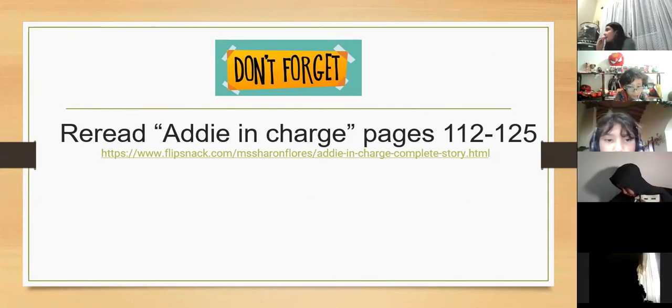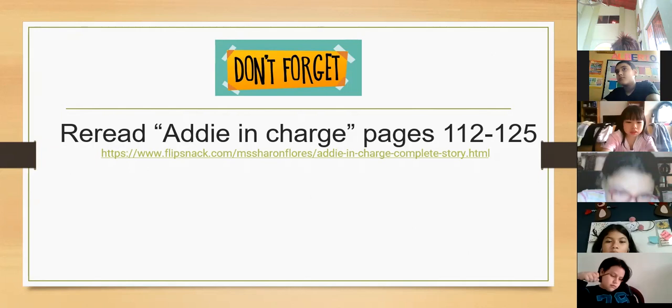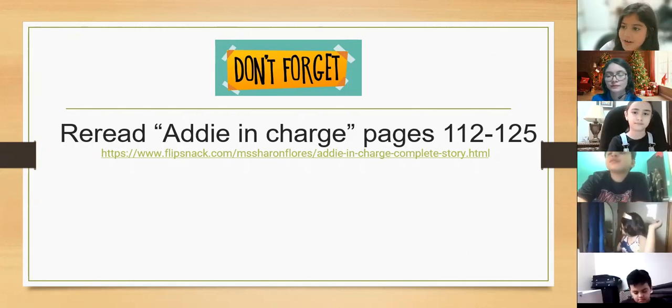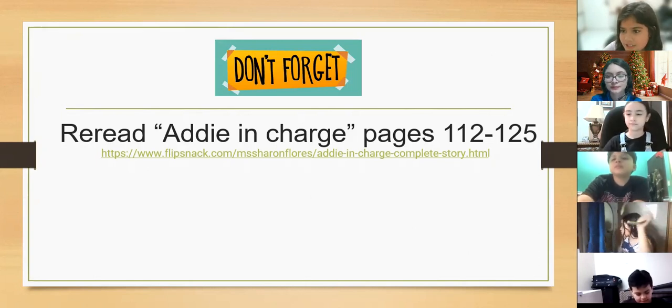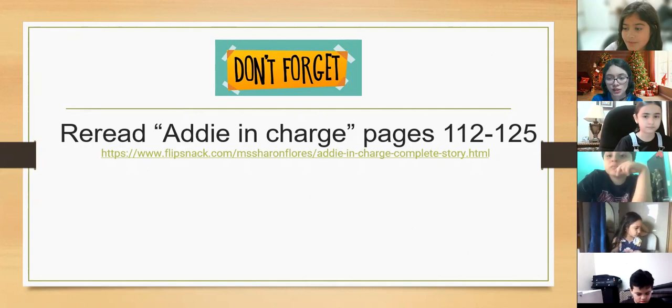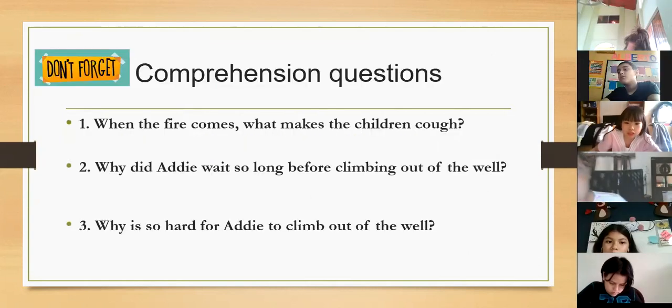They hid themselves in a well. The house of Addy is on fire, and she leaves her house and goes to the house of her brother George.